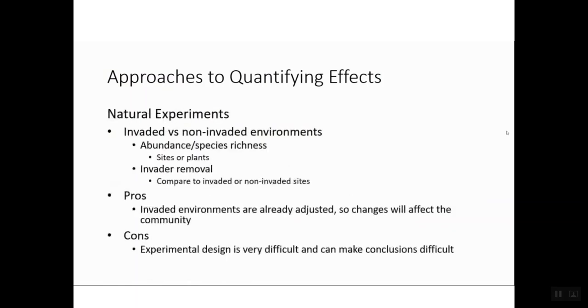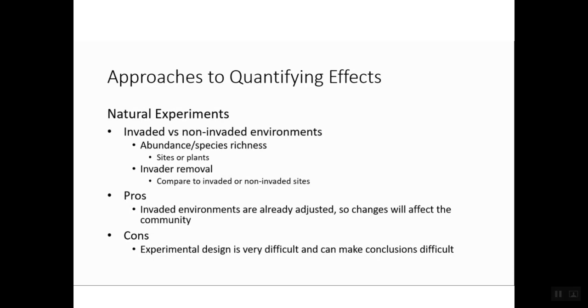The other way they study this is with natural experiments, which is what is ideal. They'll study invaded versus non-invaded environments, and they'll compare the abundance or species richness of plants and insects there.